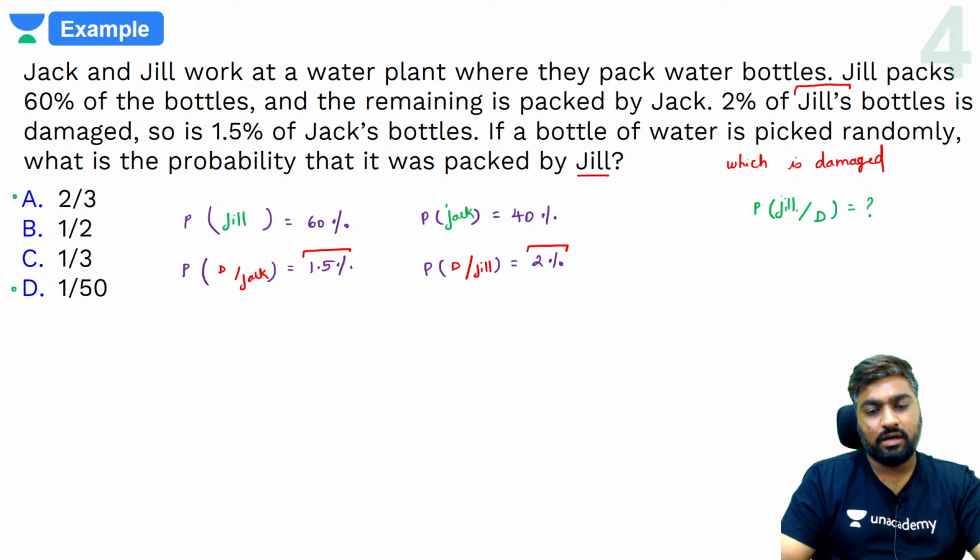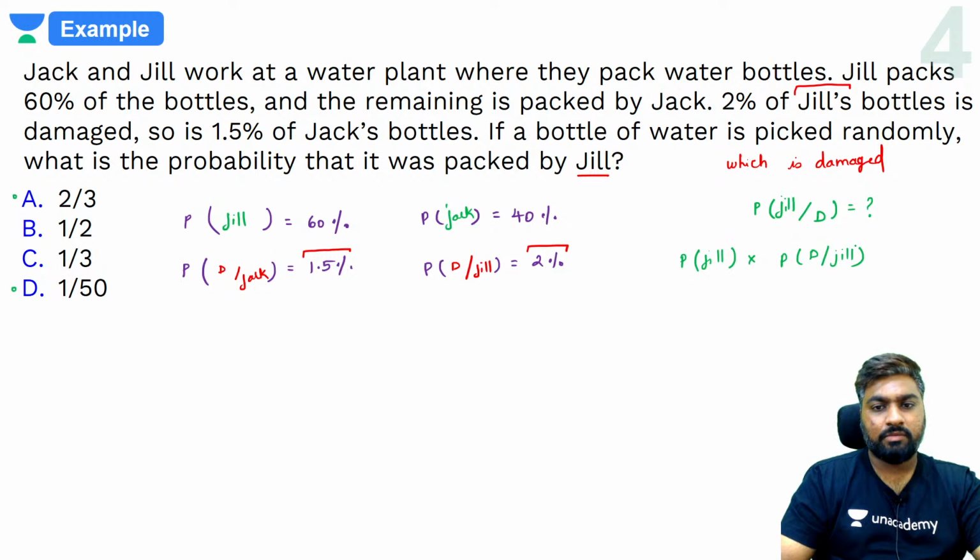Probability of a bottle being packed by Jill when it is already damaged will be: probability of Jill filling it into probability of damaged when Jill has filled it. Correct?